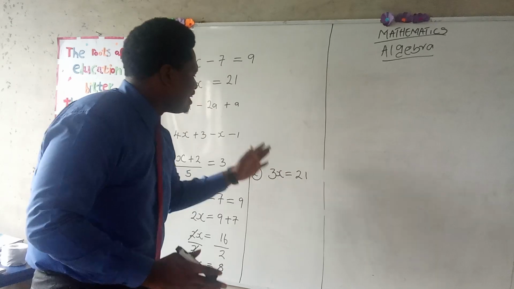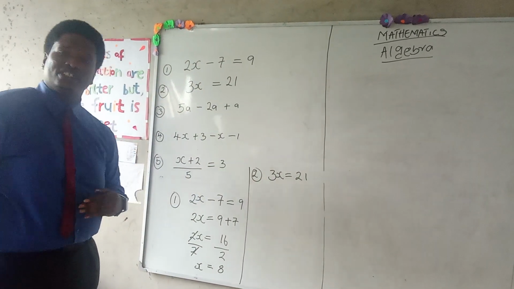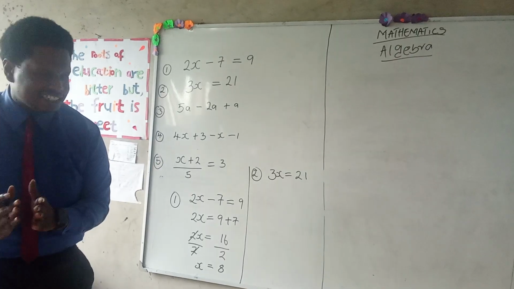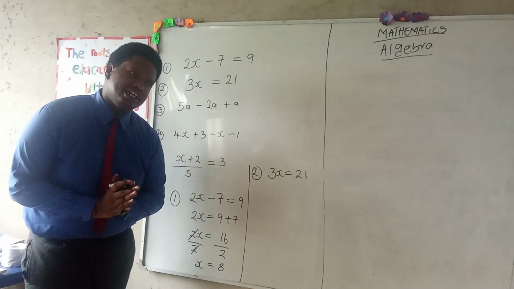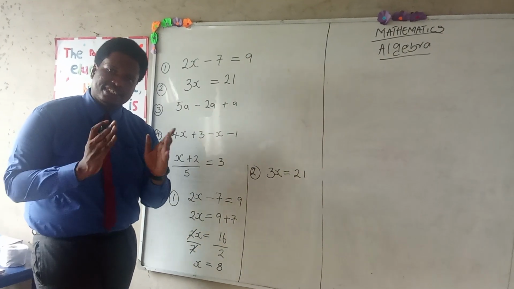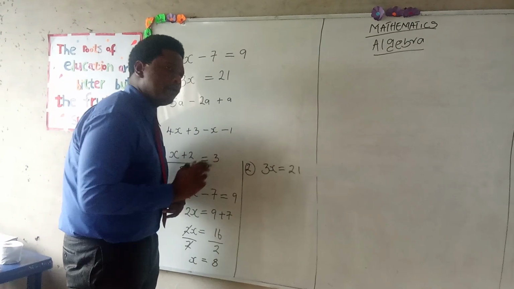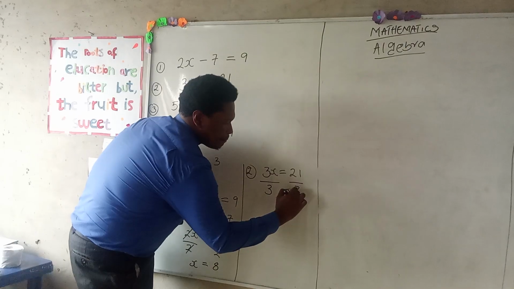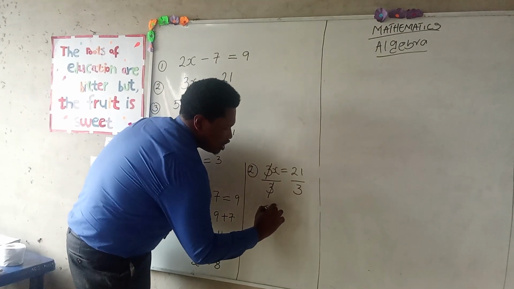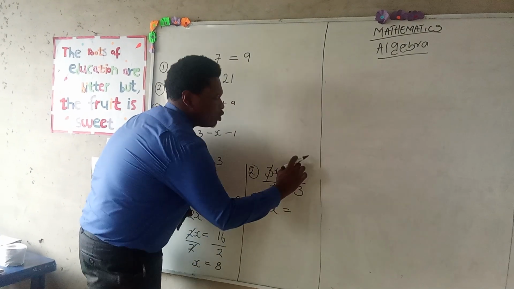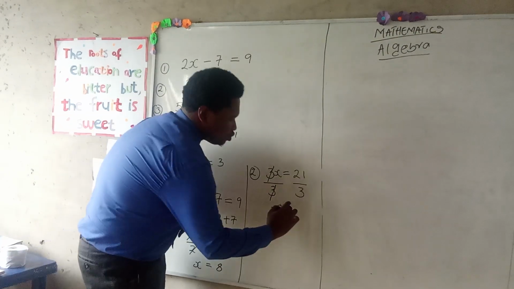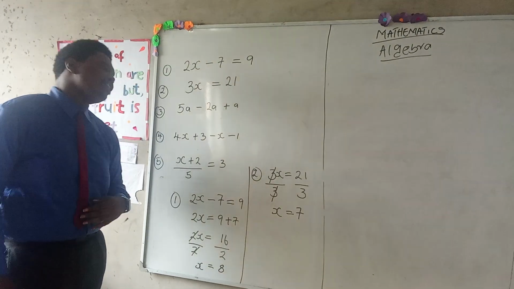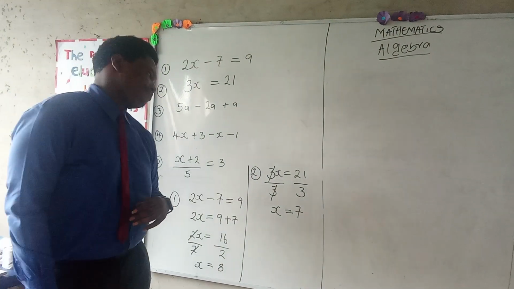To ascertain it, we divide both sides by the coefficient of x, which is the number attached to x, and that number here is 3. So we divide both sides by 3. We cancel 3, so we have x is equal to 21 divided by 3, which is 7. So the value of x is equal to 7.